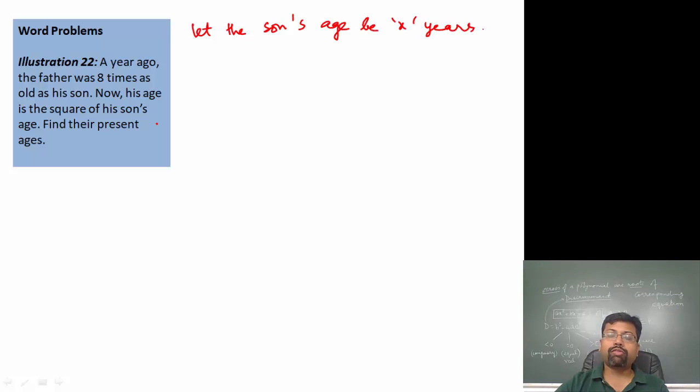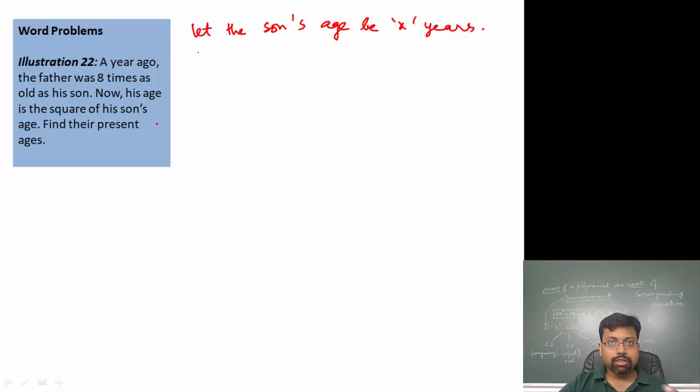Generally, we take the smaller value as x if both of them are unknown, because when you take the smaller one as the unknown x, then the other one will be expressed in the form of plus. So plus is always easier to manage and understand than a subtraction.